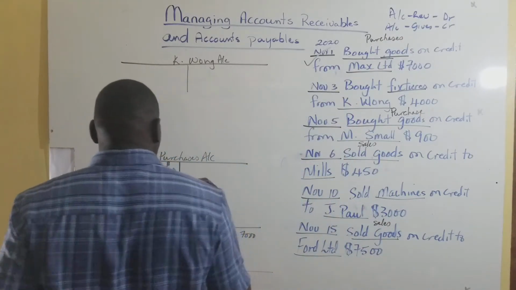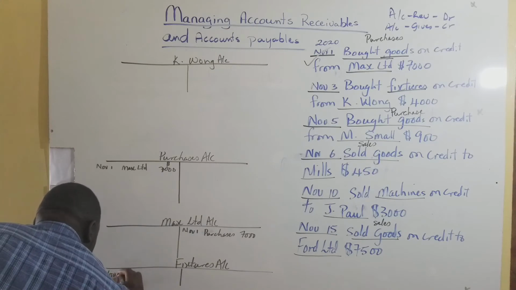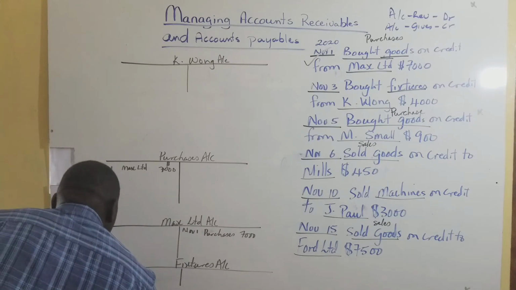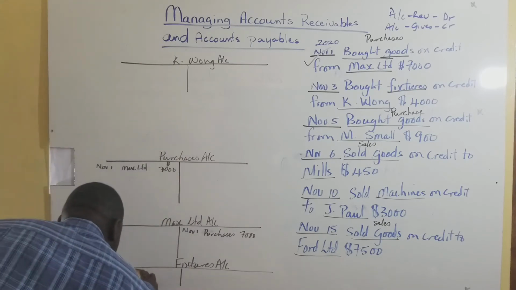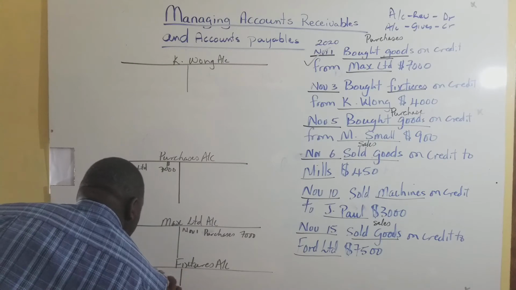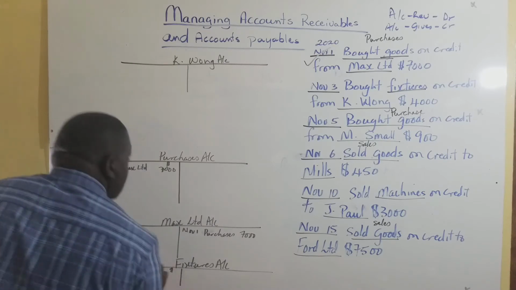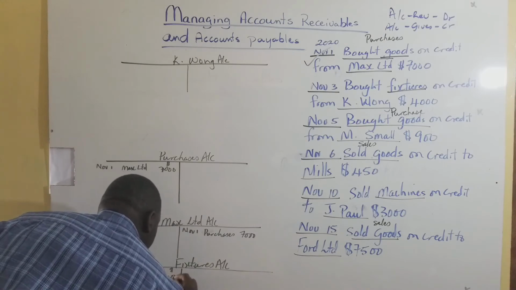So in the fixtures account, we're going to record on the debit side, November 3rd. And the name of the person is K Wong. And the amount of money is $4,000.